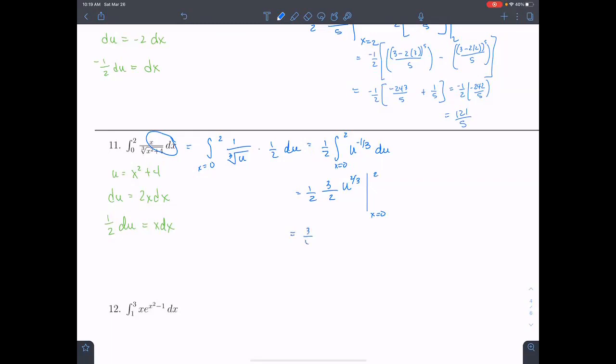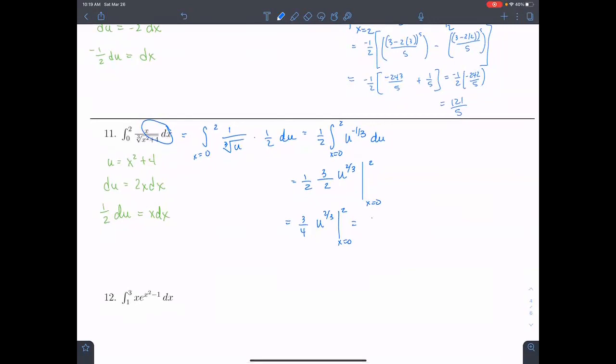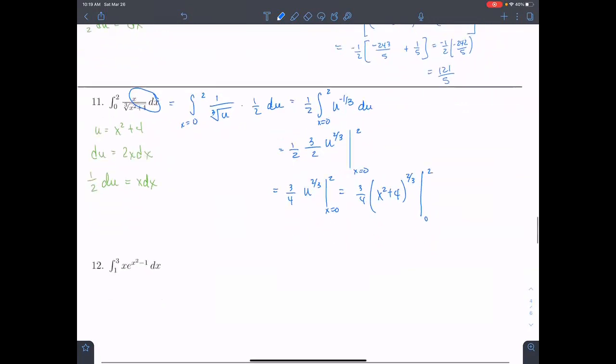So 3/4 u to the 2/3, evaluate it from x equals 0 to 2. Plug in what u is. So 3/4 times (x squared plus 4) to the 2/3, evaluate it from 0 to 2.